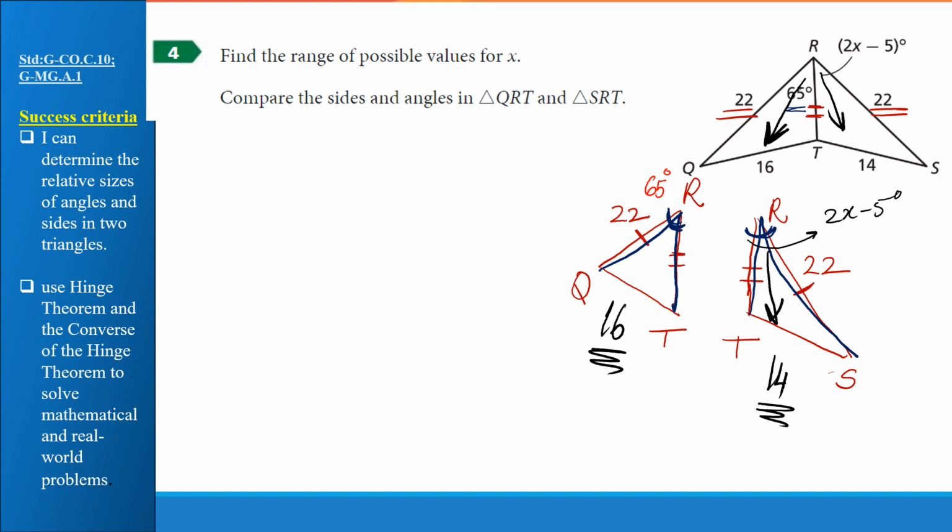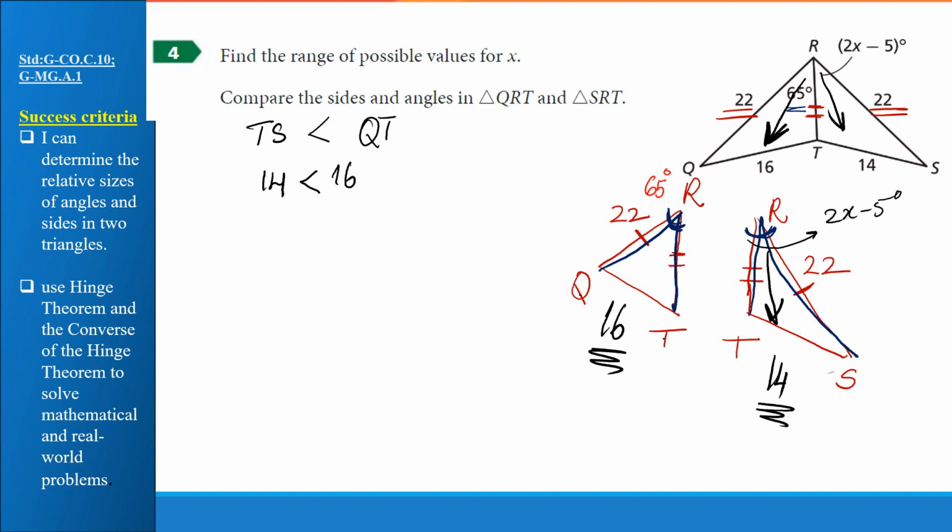So I can write here 14 is less than 16. It is the easy part. So QT is bigger than TS, so I can write TS is less than QT. I can write it the opposite way also.